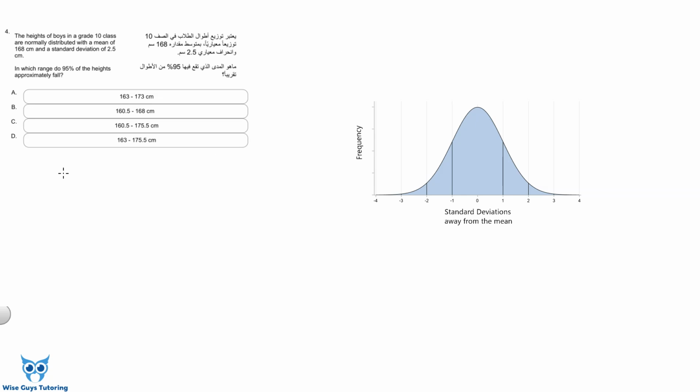So let's imagine I have this set of numbers: 1, 1, 1, 2, 2, 3, and 4. First, let's talk about the mean. The mean is the sum of all values divided by the number of values that you have.